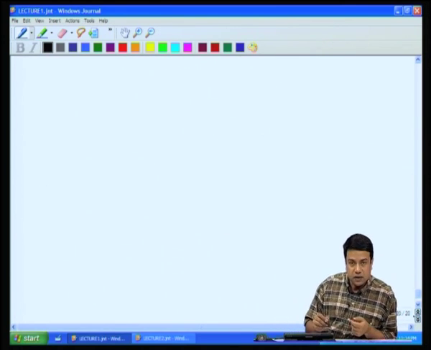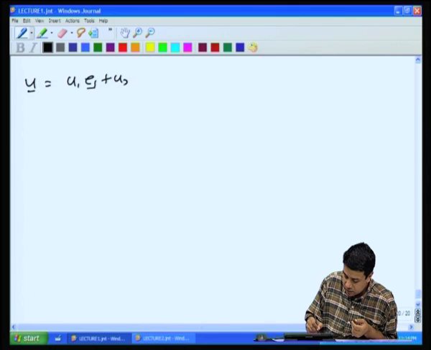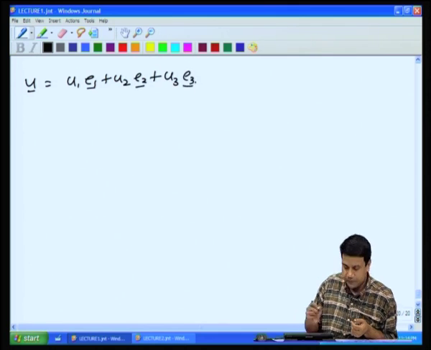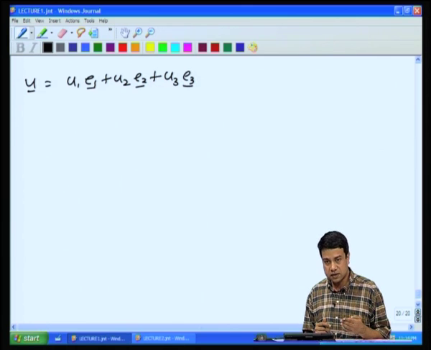I can write this in short form, just as I had written for the velocity vector, u equals u1 e1 plus u2 e2 plus u3 e3. Similarly, I can write the stress. It now has 2 fundamental directions associated with it. Each direction has 3 components: direction of force, direction of unit normal.